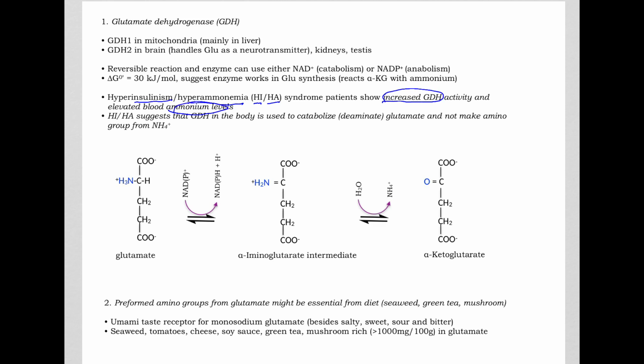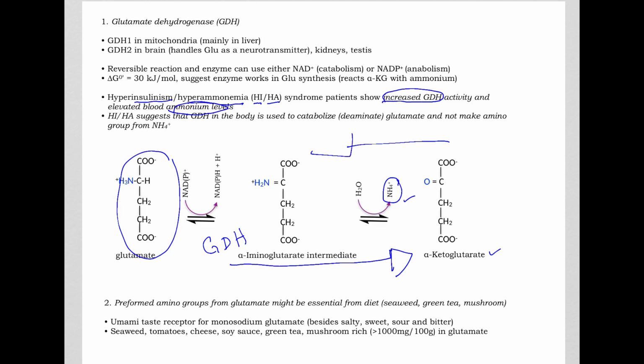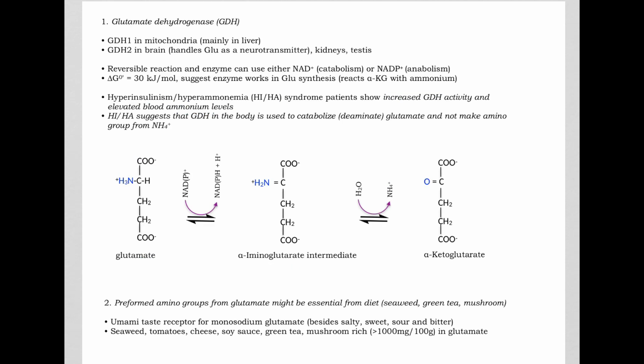So if the GDH is high and ammonium is high, this implies that the enzyme is working in this direction. It is used to break down glutamate into ammonium and alpha-ketoglutarate, and not in the direction where ammonium is used as the amino group for amino acids.